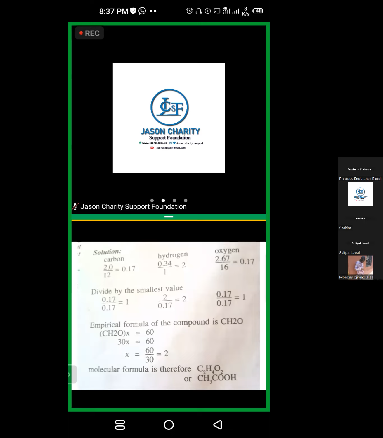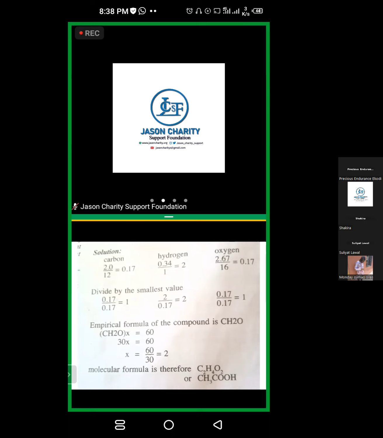After dividing 2.0 by 12, 0.34 by 1, and 2.67 by 16, we have 0.17, 0.34 and 0.17. After you've gotten these numbers, the next thing you do is divide all through by the smallest of these numbers. The smallest number is obviously 0.17, so you divide all through with 0.17. That's why we have the answer as 1, 2, and 1.